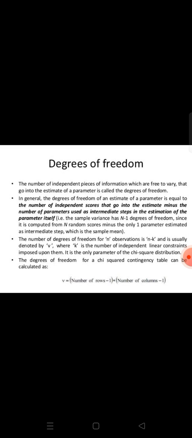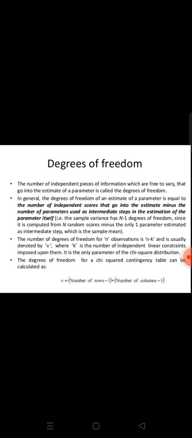Degrees of freedom. The number of independent pieces of information which are free to vary that go into the estimation of a parameter is called the degrees of freedom. In general, the degrees of freedom of an estimate of a parameter is equal to the number of independent scores that go into the estimate minus the number of parameters used as intermediate steps in the estimation of the parameter itself.